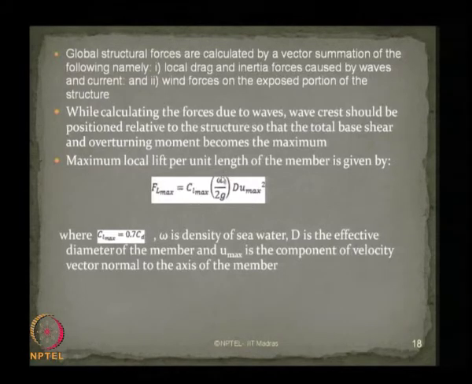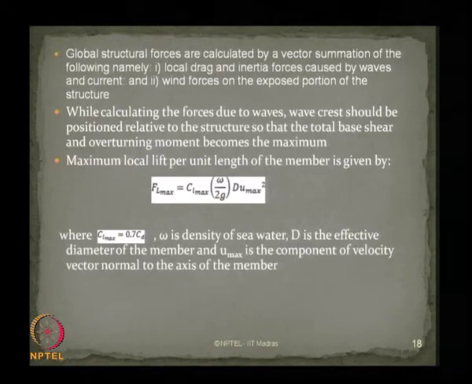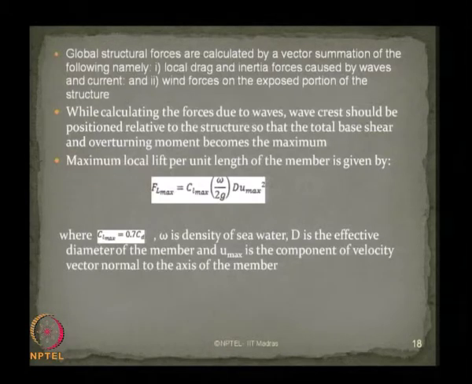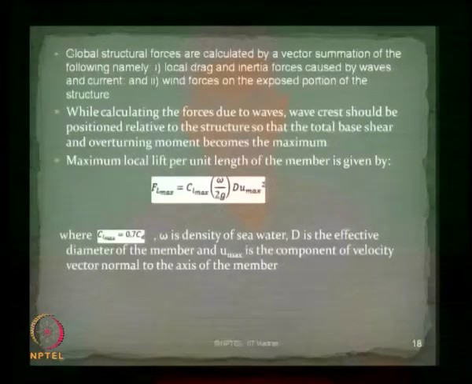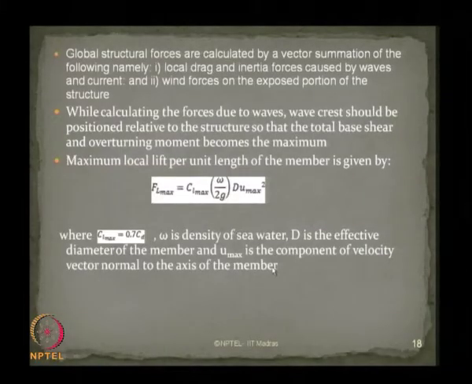Of course, in this equation omega is the density of sea water, d is the effective diameter of the member, and u max is the component of the velocity vector normal to the axis of the member. D is an effective diameter which includes the effect of deposit of marine growth along the member. Therefore, your member diameter d is not the same as the member diameter which you used while installation and design. In due course of time, this d can change, because this d is an effective diameter of the member.